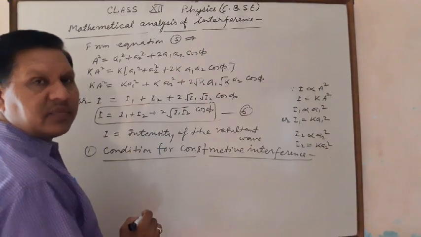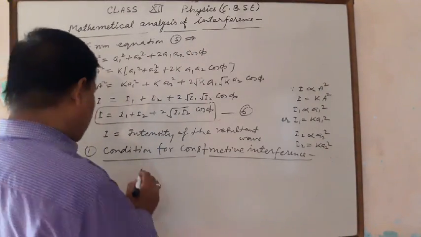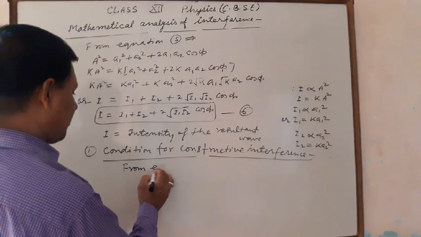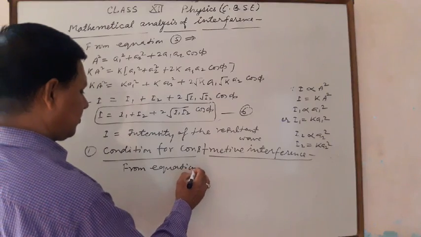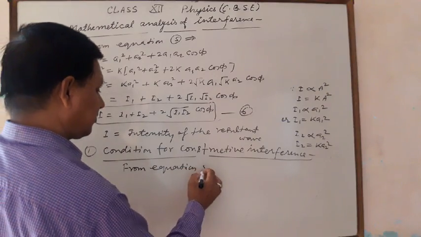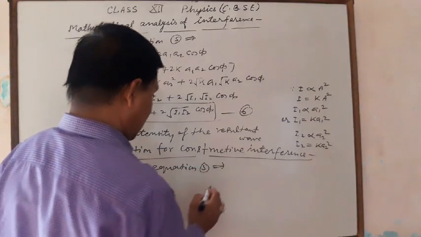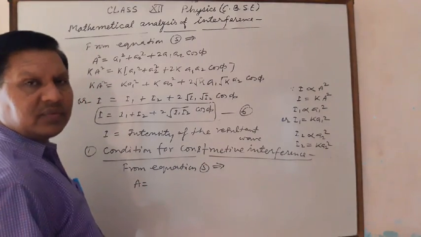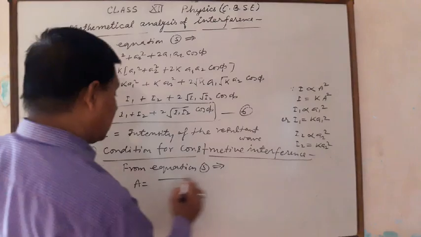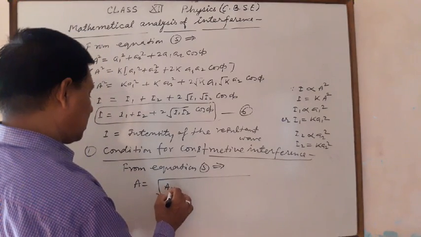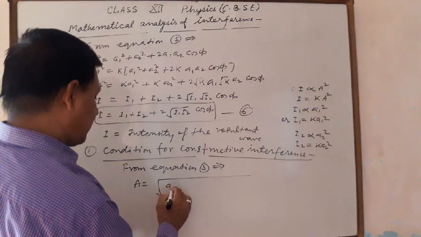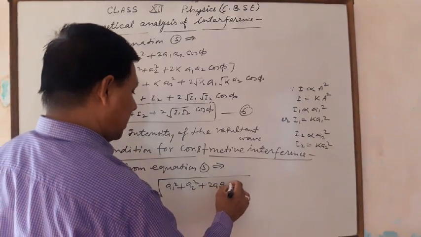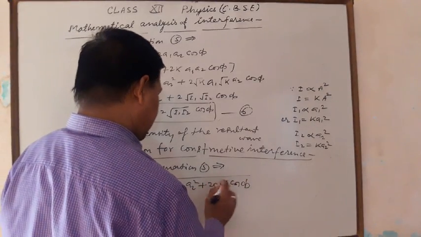So from equation 5, the amplitude of the resultant wave A is equal to under root A1 square plus A2 square plus 2A1 A2 cos phi.